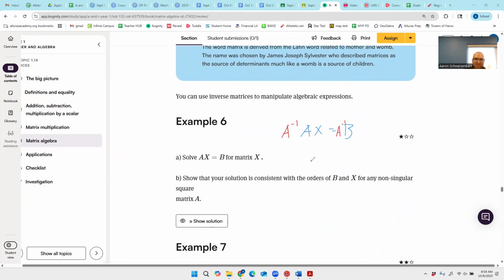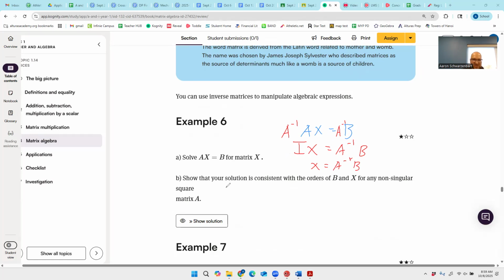And then we have the identity matrix, so this becomes IX equals A inverse times B, which means X equals A inverse B.